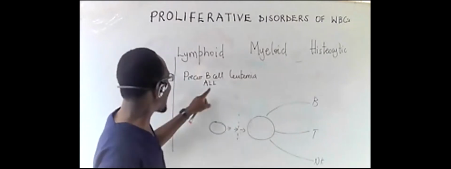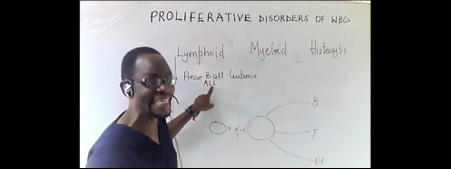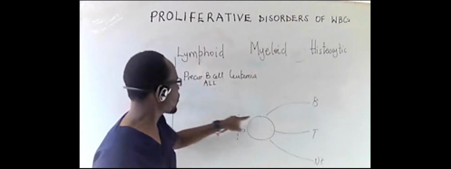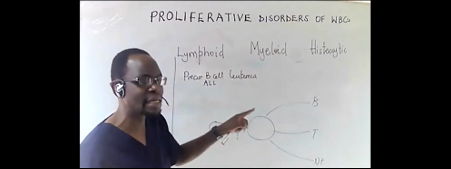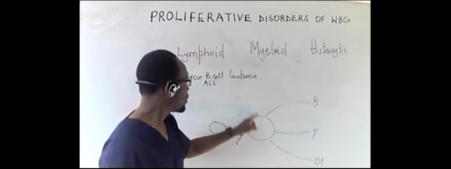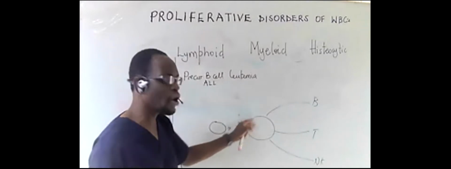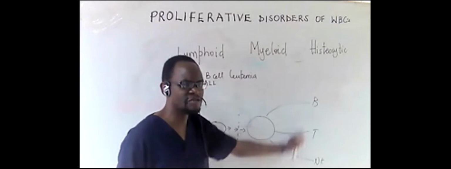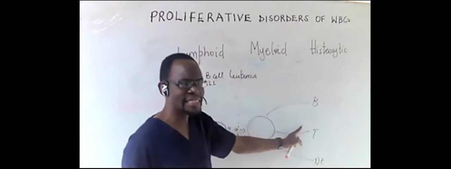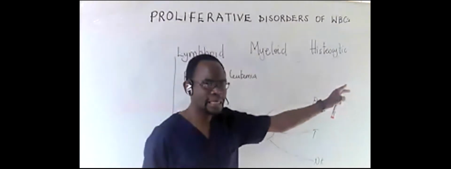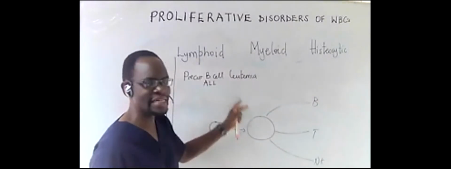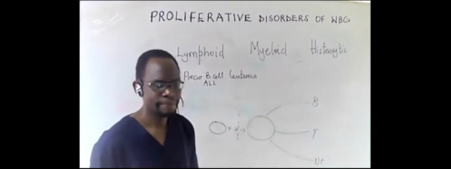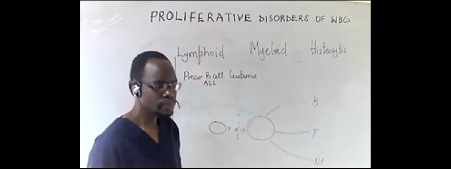And it is lymphoblastic. This L stands for lymphoblastic, not lymphocytic, because it got arrested before this point. It did not get arrested after this point. If it was after this point, then it would be lymphocytic. But if it is at this point, then it is lymphoblastic. Is that clear? All right.